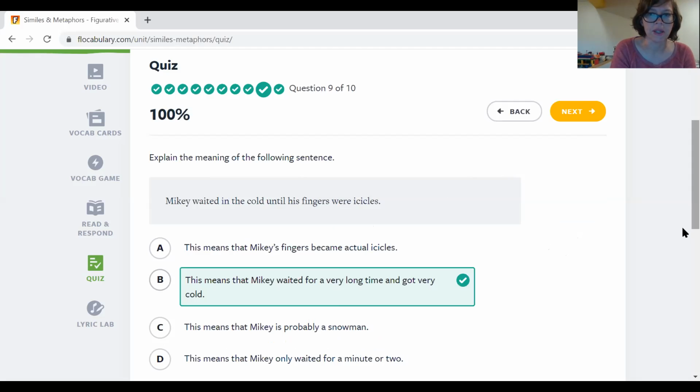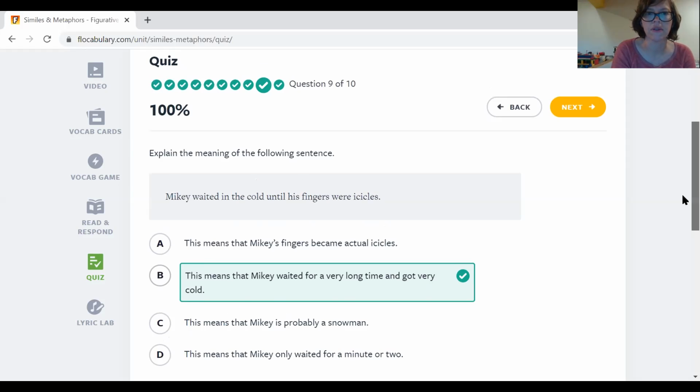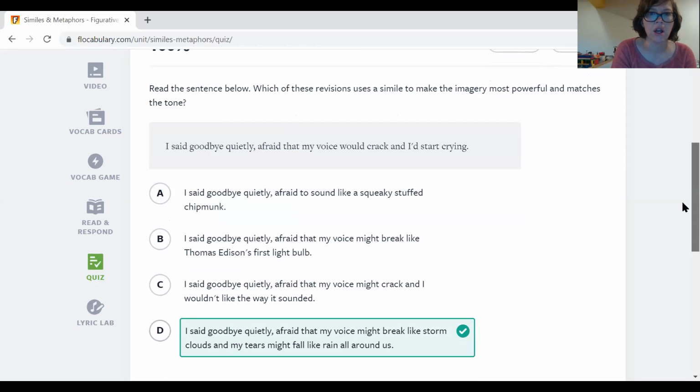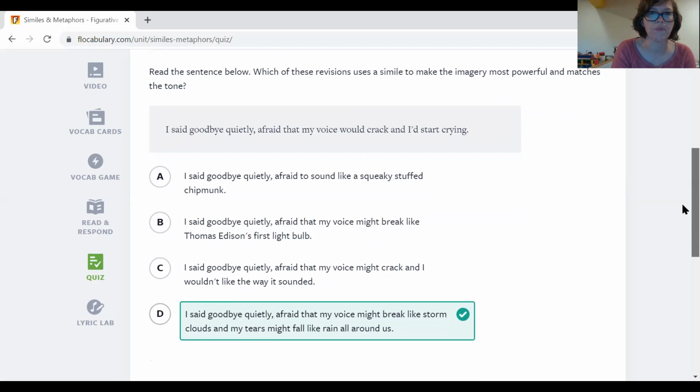Question 9. Explain the meaning of the sentence. Mikey waited in the cold until his fingers were icicles. This means B, that Mikey waited for a very long time and got very cold. Right, so his fingers weren't literally icicles. And question 10, which revision uses a simile to make the imagery more powerful and match the tone?